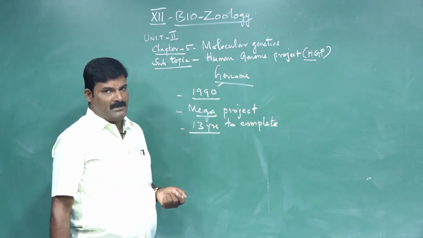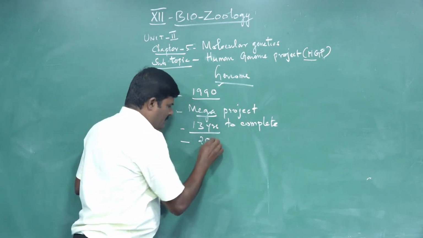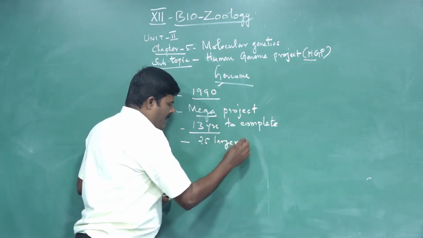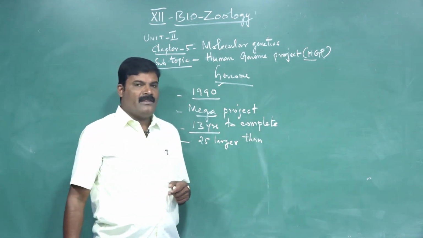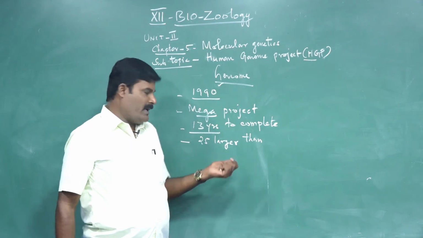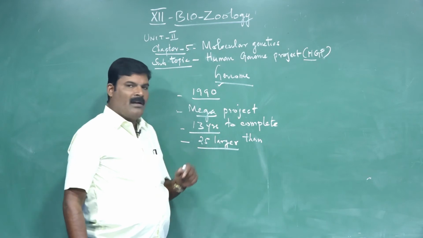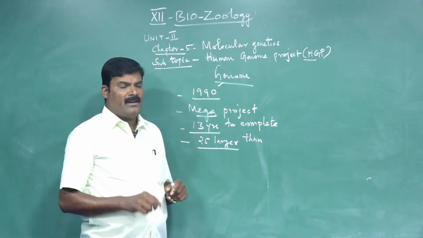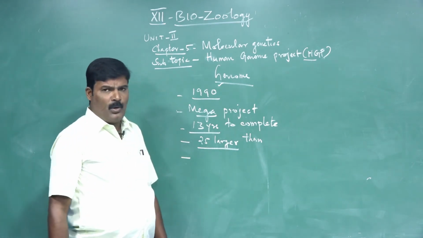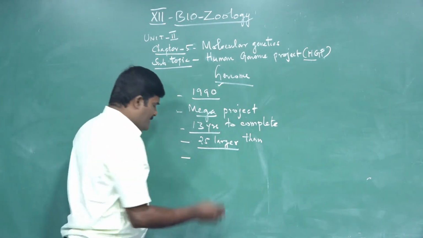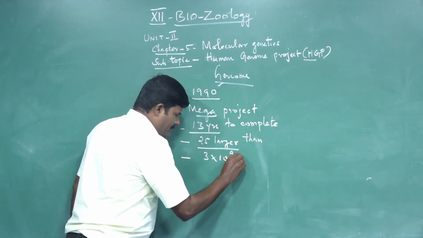The HGP is 25 times larger than the genome of any other organism sequenced to date, any other sequencing of DNA in an organism.